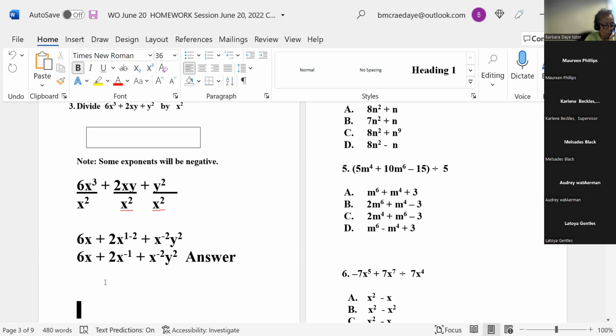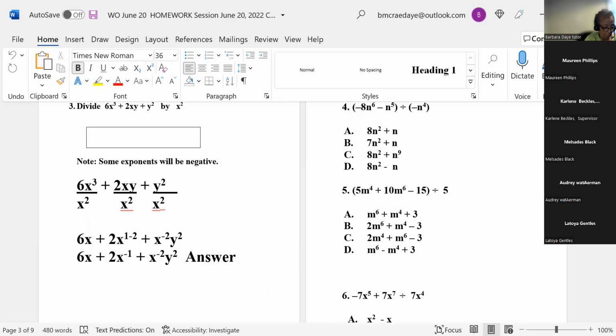Okay, if you had 1, and we put in the denominator x, and then let me put a minus on here, a -2. Now, if we bring that x to the -2 in the numerator, then it becomes a plus.